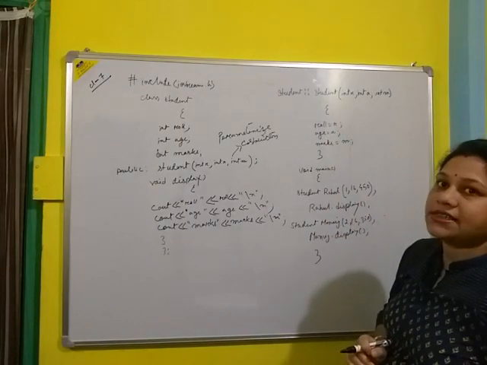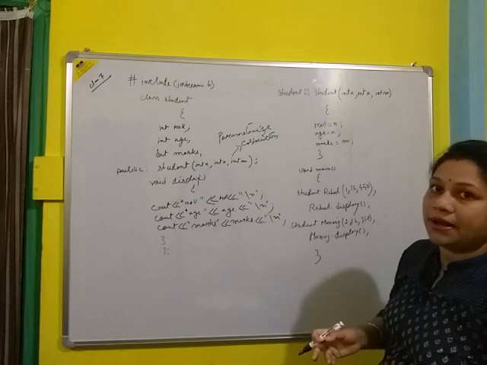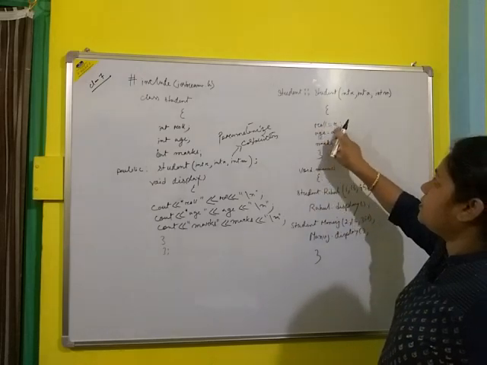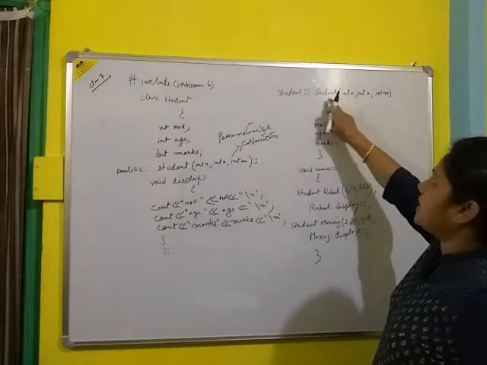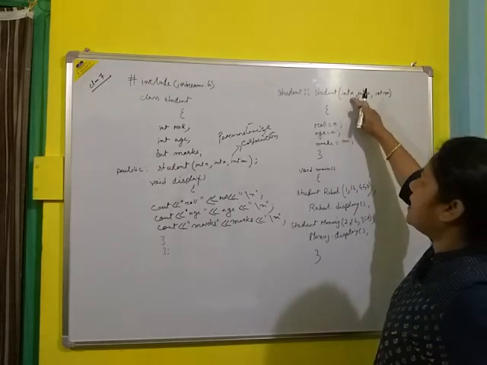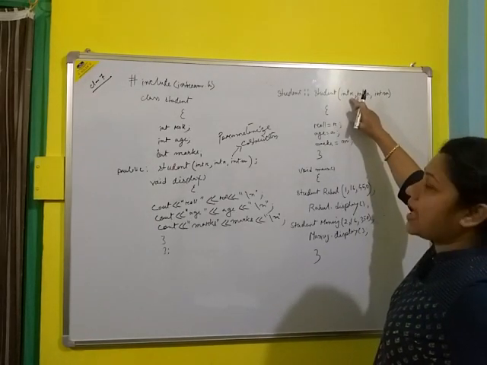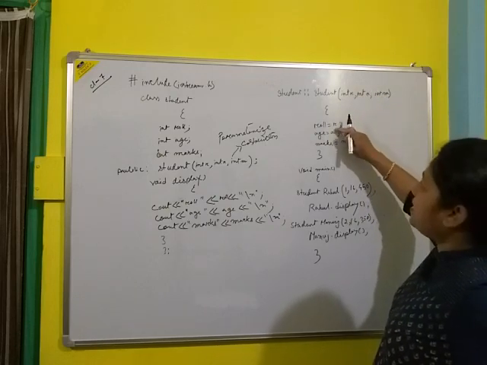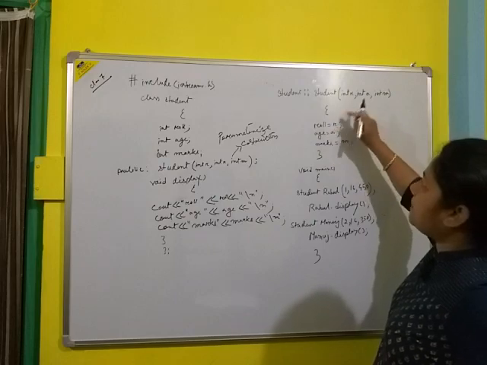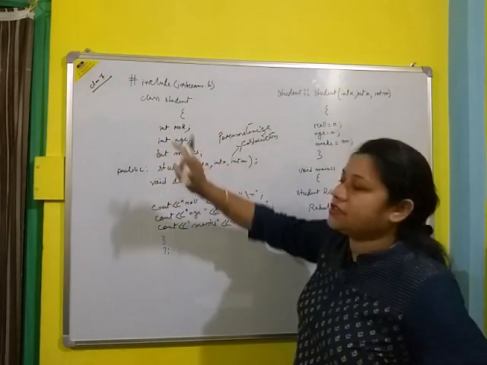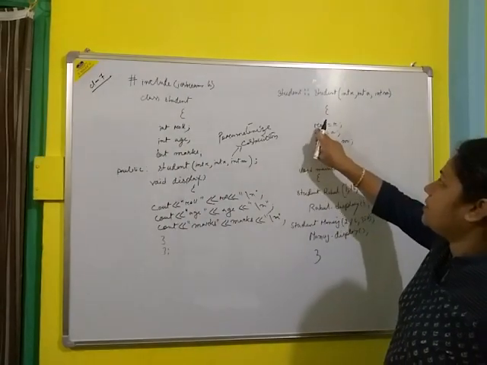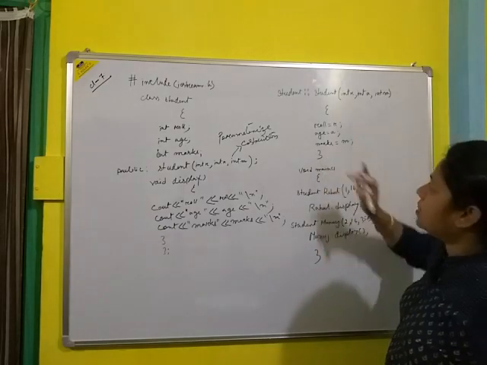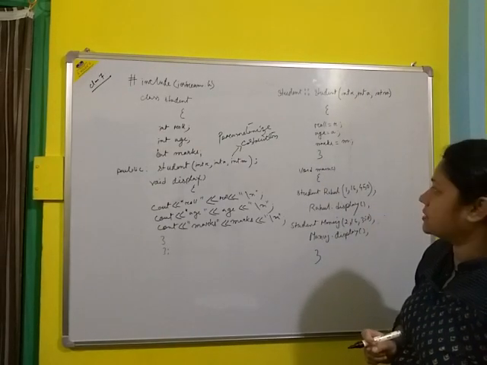Here I am not writing cout enter the roll number, cin roll number like that. Instead of that, I define that roll is equal to r. That means inside the parameterized constructor, I declare one parameter that is r with integer type. This is going to assign the value to the data member roll. So I write roll is equal to r, age is equal to a, marks is equal to m. Close of the definition of the parameterized constructor.